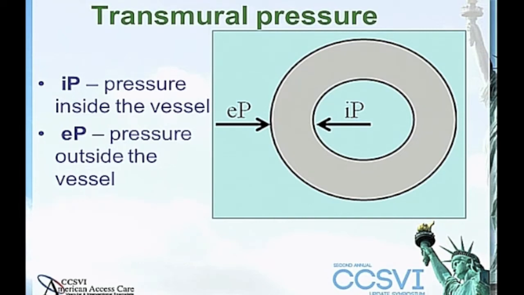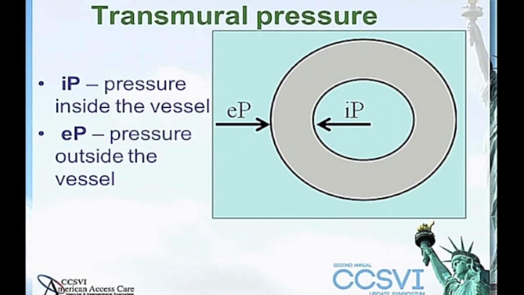Why does it happen? It depends on the so-called transmural pressure. Transmural pressure is the pressure difference between the pressure inside and outside the tube. In the case of internal jugular veins, when a person is in an upright position, whether standing or sitting, due to gravitational forces, the pressure inside the vein goes down, while the external pressure, which is due to pressure exerted by muscles and soft tissue, remains mostly unchanged.